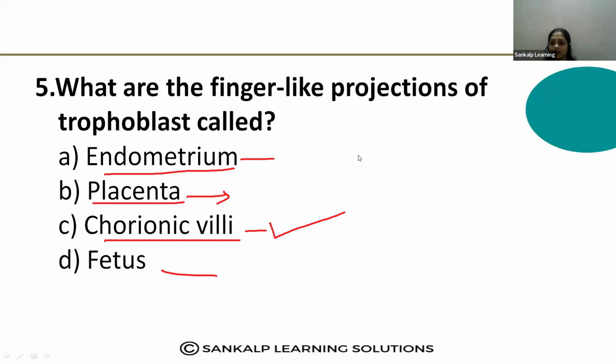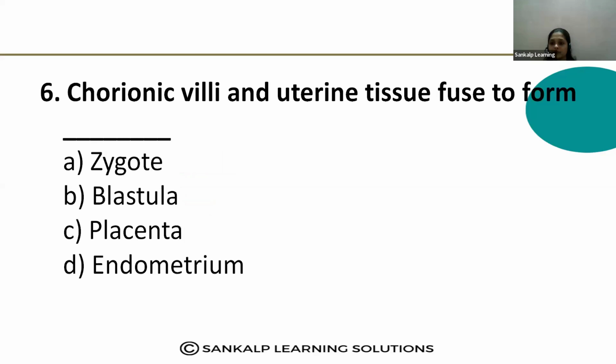Next question. Chorionic villi and uterine tissue fuse to form what? Zygote, blastula, placenta, endometrium. Zygote is formed by the fusion of the sperm and ovum.